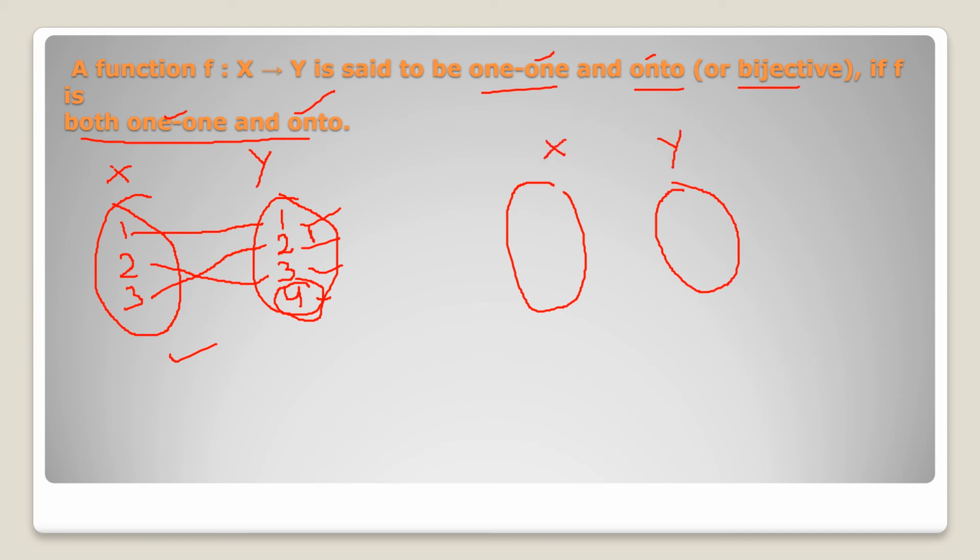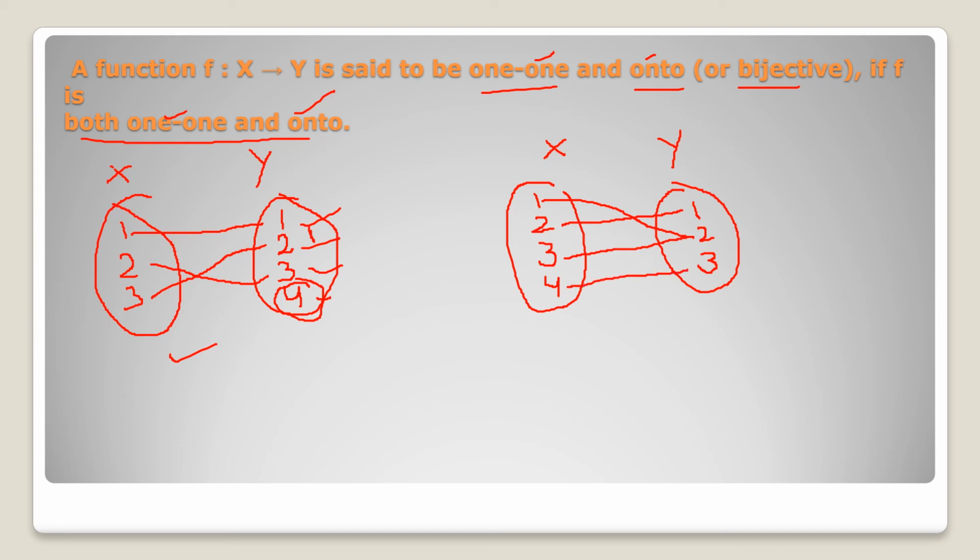This is x and this is y, and let us say there are 4 elements and there are 3 elements. Let us say this function: 1 is mapping to 2, 2 is mapping to 1, 3 is mapping to 2, 4 is mapping to 3.